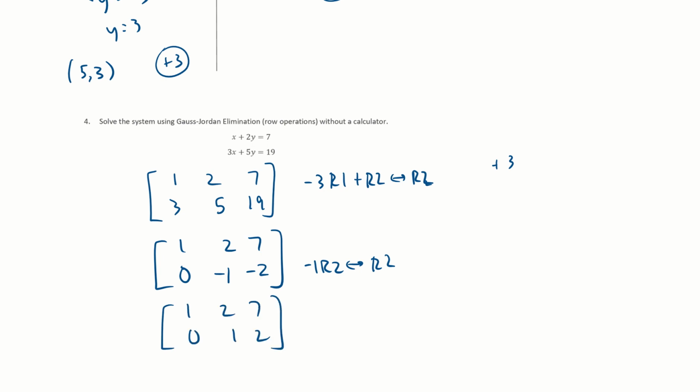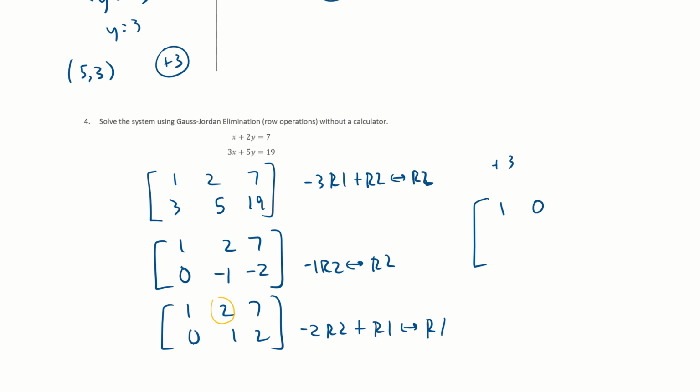And now I've got to make this guy a 0 up top here, in that position. So I'm going to do negative 2 row 2 and add it to row 1 and switch it with row 1. Negative 2 times 0 is 0 plus 1 is 1. Negative 2 times 1 is negative 2 plus 2 is 0.